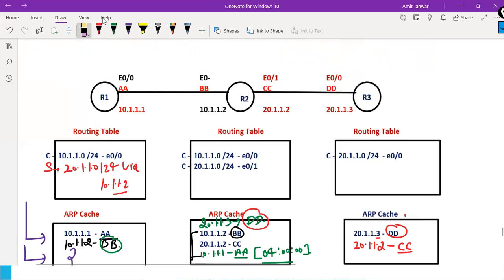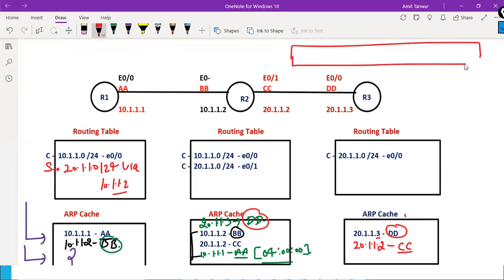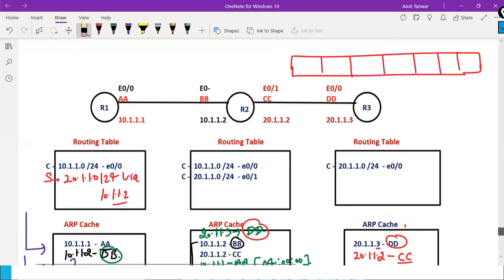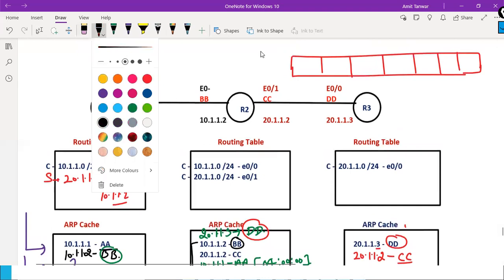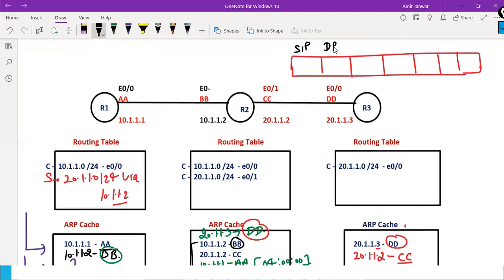During the echo reply, this is the echo reply packet here: source IP, destination IP, source MAC, destination MAC, protocol, type and code.